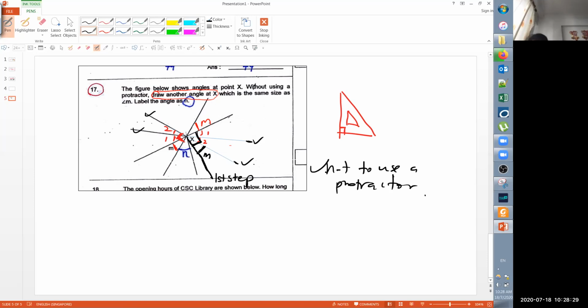But what you can use is all these angles from your ruler. Do you know what the angle is here? 30. What's the angle here? 60. What's the angle here? 90.